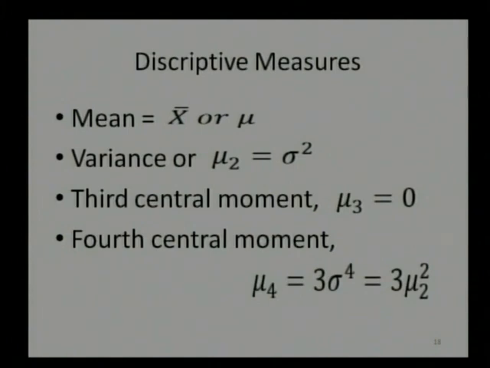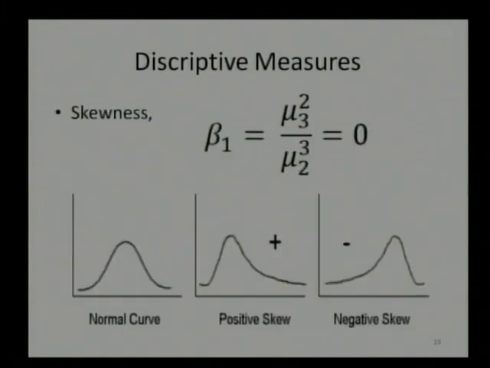You can see this is the notation for variance. Now again let us see the skewness. Skewness beta 1 is equal to mu3 square divided by mu2 cube, which is 0 in the case of a normal distribution. So you will have the normal curve as described in the first figure from the left.